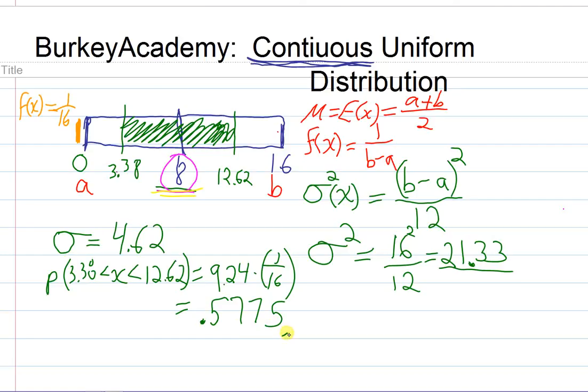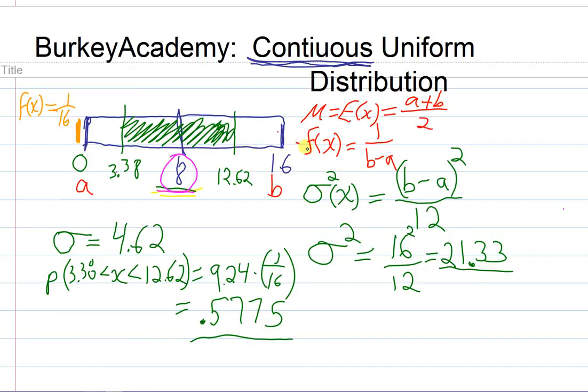And if you're familiar with the empirical rule, it is for distributions that are bell-shaped, like this. Let me draw a bell shape over top of this uniform distribution. A bell-shaped distribution is not limited to be between two numbers.